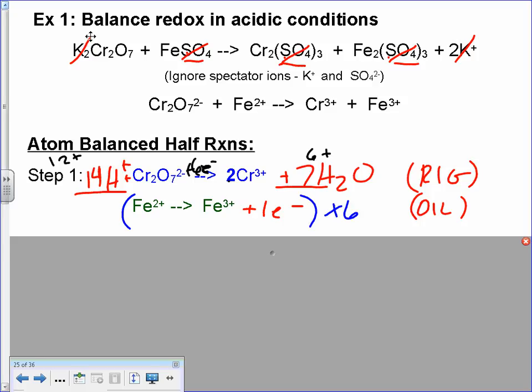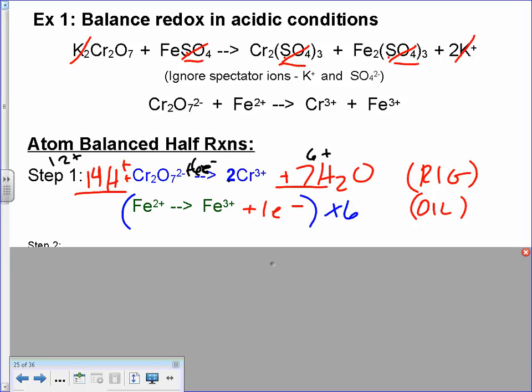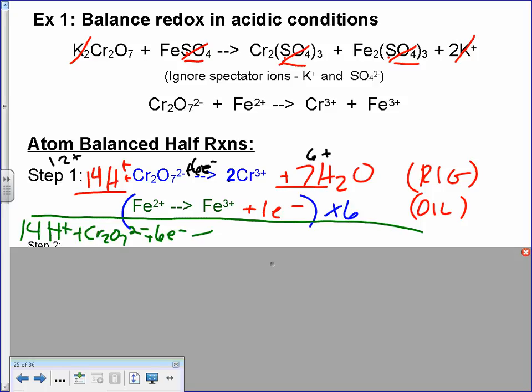Add the half reactions. Mush them back together. So I'm going to kind of do that here. Have some space. I'll kind of do it here because I actually went through all the steps right there. So I have total 14 H pluses plus a dichromate plus 6 electrons yields. I'm sorry, not yields. I'm still having to add the irons.